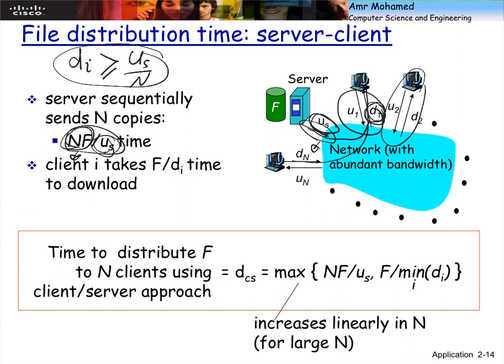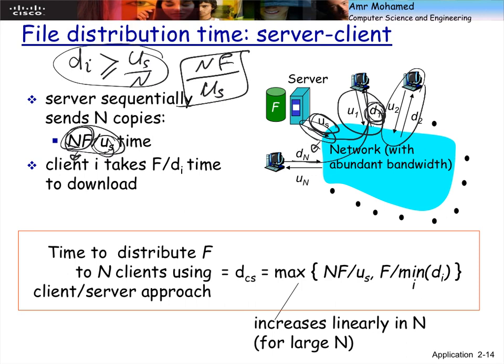That may cause more time for me to distribute this file to this particular client, increasing the distribution time. So if all the clients can absorb, then the time that I need is NF over US. Unless one of the clients has a DI less than US over N, in which case this client will be a bottleneck and will force the server to slow down.